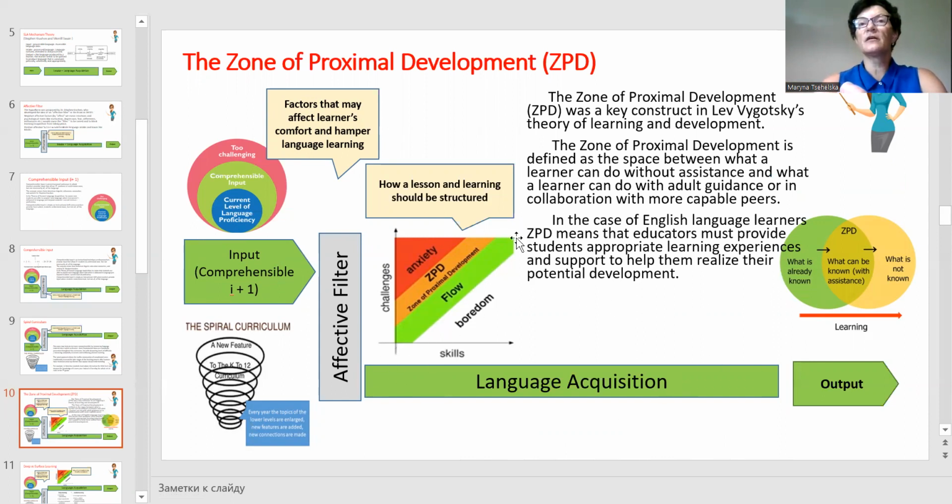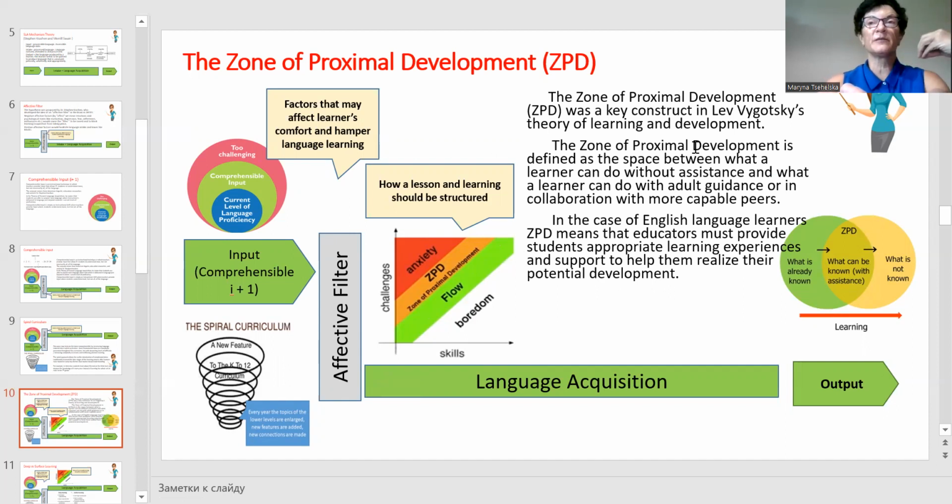And here another theory is the hypothesis of learning flow. It means that your learners learn much better when the material that you give them considers the zone of proximal development.